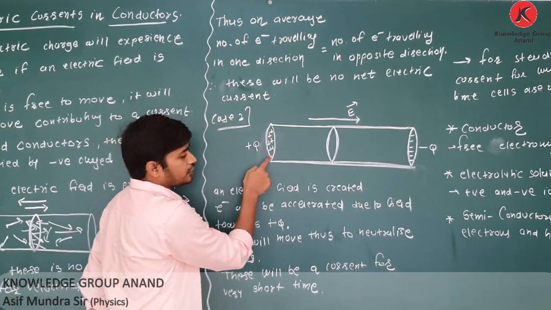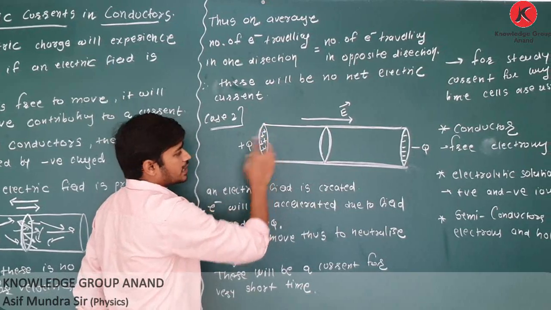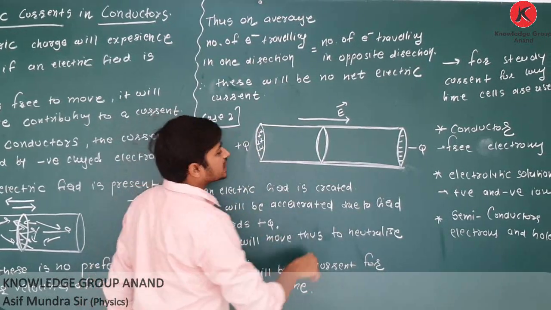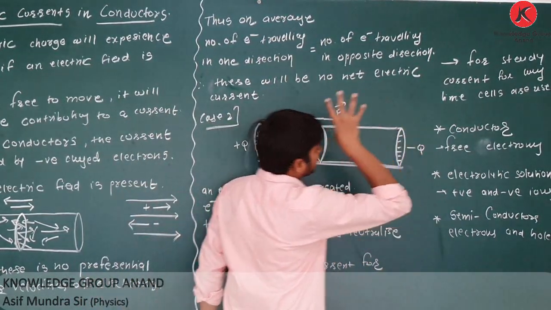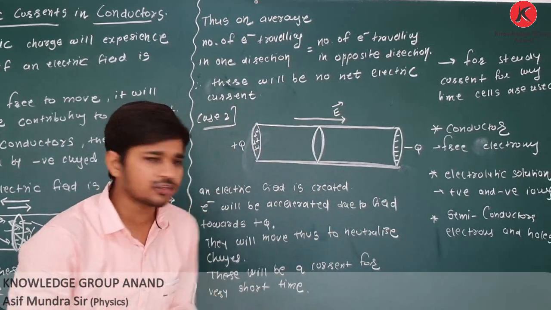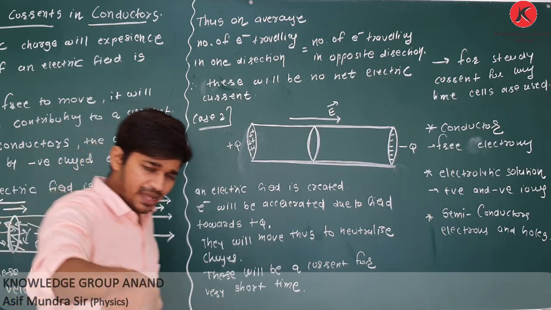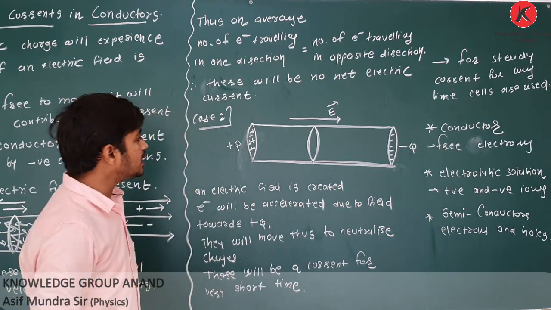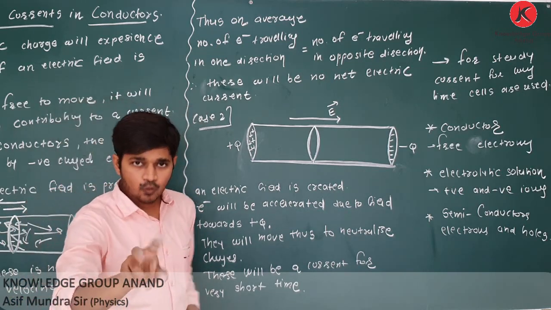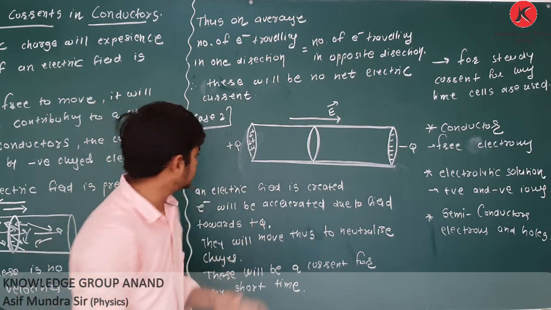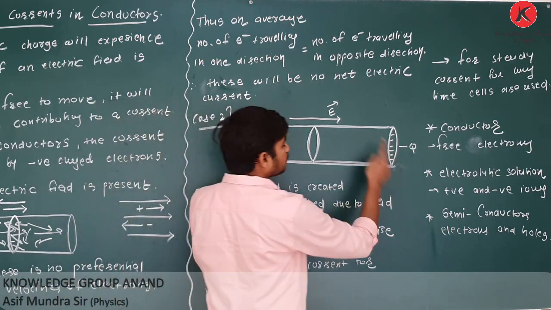One disc is positively charged and placed at one end. Another disc is negatively charged and placed at the other end. Clear about this? The same conductor that we discussed in case 1, but take two discs, one positively charged and one negatively charged.